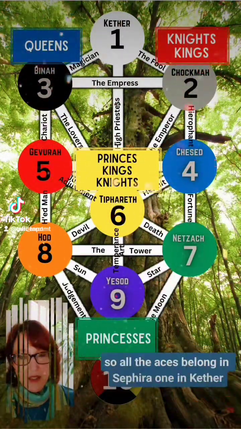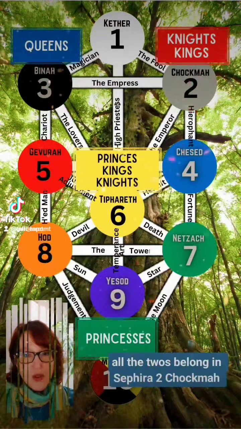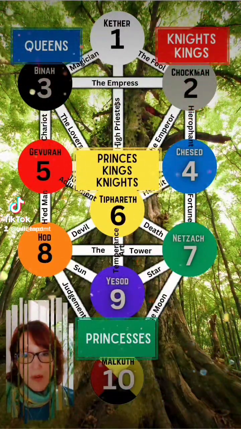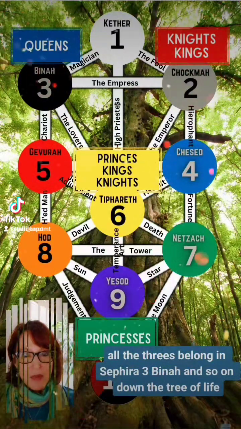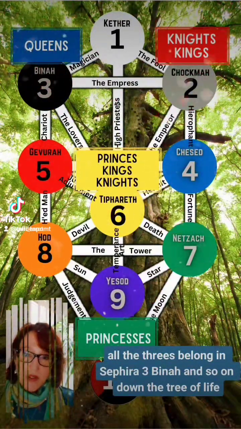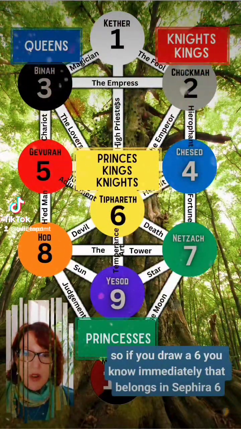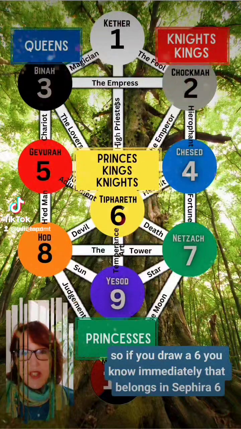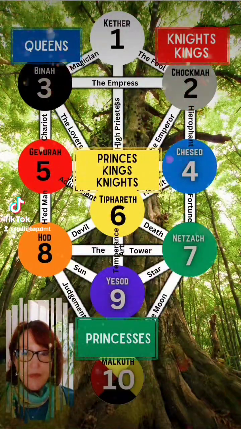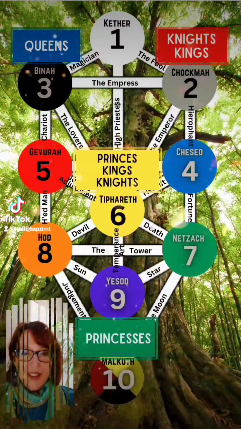All the aces belong in Sephira 1, Keter. All the 2s belong in Sephira 2, Chokmah. All the 3s belong in Sephira 3, Bina, and so on down the Tree of Life. So if you draw a 6, you know immediately that it belongs in Sephira 6, right in the middle. So you can plot your minors in the Sephiroth.